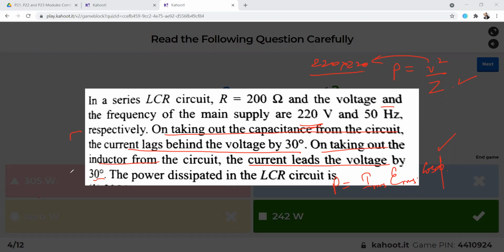That means these two effects are equal and opposite, so there is the condition of resonance here, which means Z will be equal to R only. So dividing by 200, we get 22 into 11, that is 242 watt.